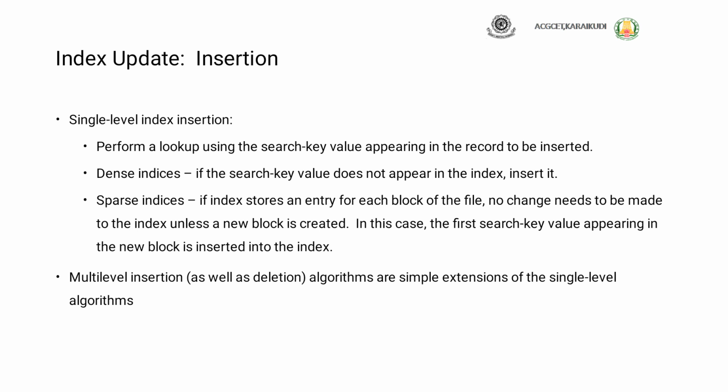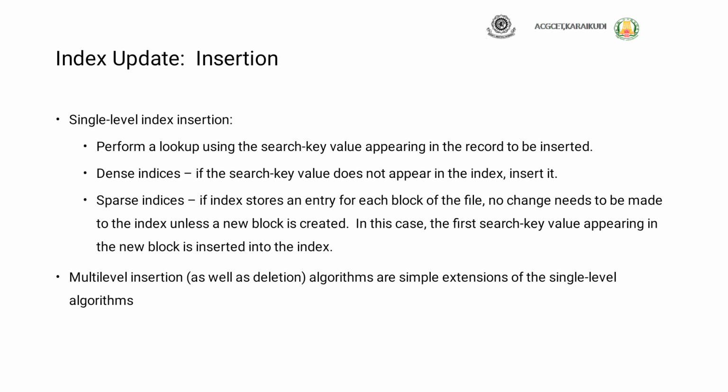In this insertion, if the search key value does not appear in the index, we have to insert it in the dense index. We know that a sparse index is one where, if an index entry is created only for some records, then it is called a sparse index.